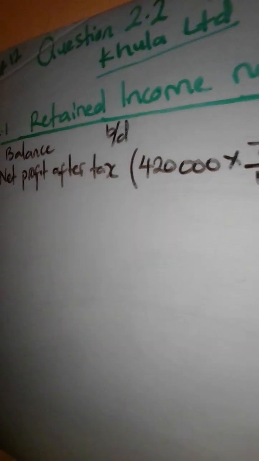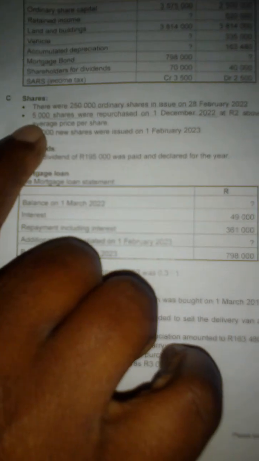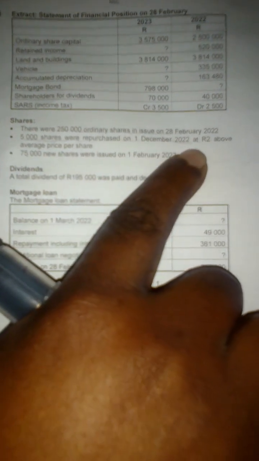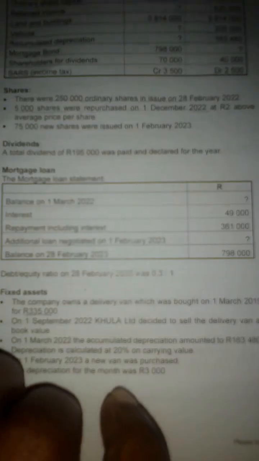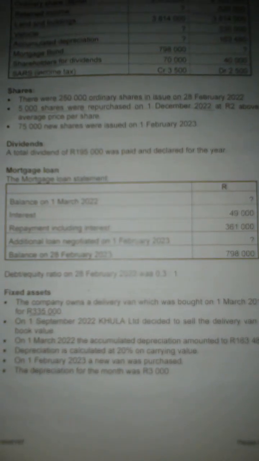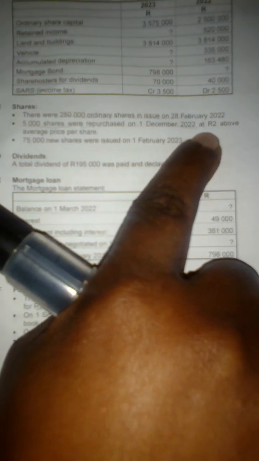After the net profit after tax, we also have information that is given on C. Bullet number 2, 5,000 shares were repurchased on the 1st of December at 2 rand above the average price per share. So in this instruction, we are already given the amount that we are going to use in the retained income. When you are doing the retained income note, you use the amount that is above the average share price, and it is the amount that we are already given.